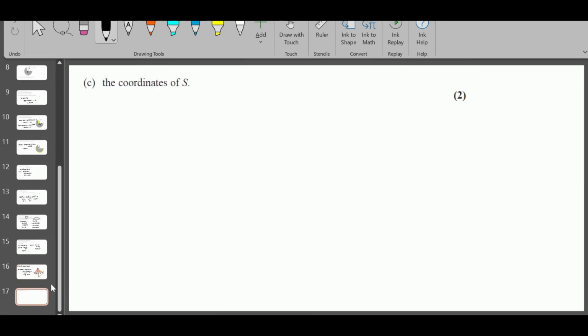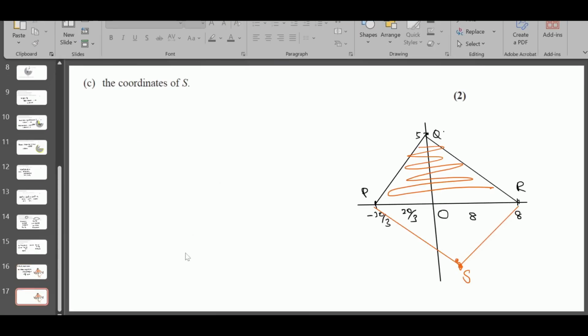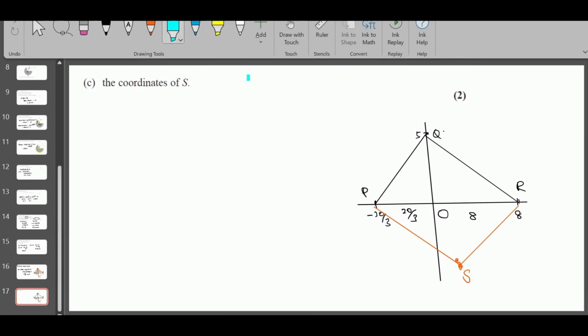The last part, find the coordinates of S. I have put the figure here. So we are going to find the coordinates of S. I'm going to explain this, listen to me carefully. Let's say we put a ruler, a stick here. And then I'm going to move this stick along QR, all the way to this point.